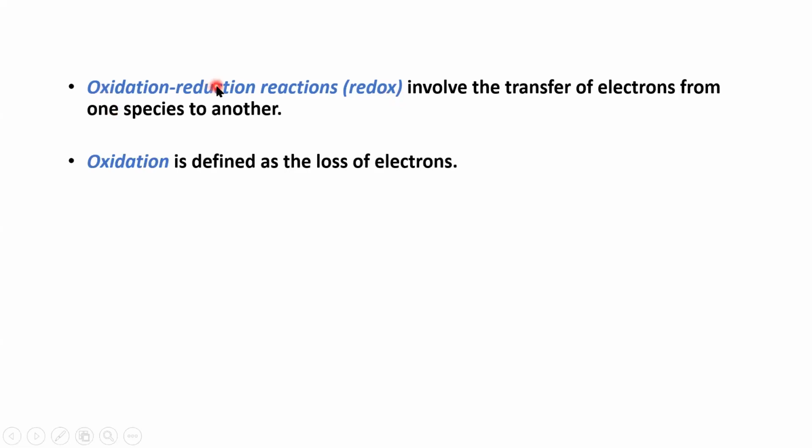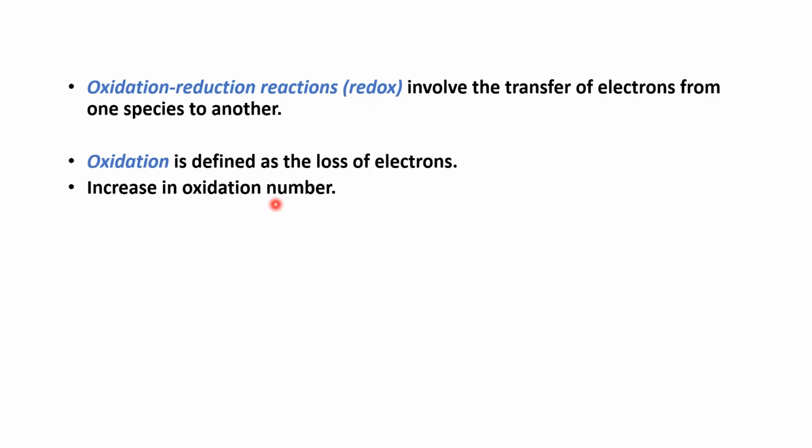So what does redox, or oxidation reduction, mean? Redox is just short for that. Oxidation is defined as the loss of electrons by a species, by an atom or an ion. When it loses electrons, its oxidation number goes up because electrons are negatively charged.